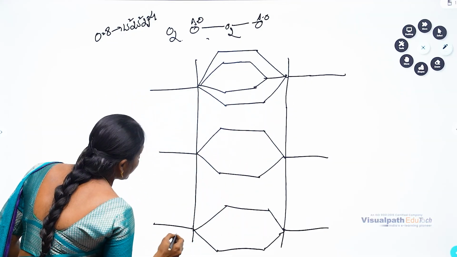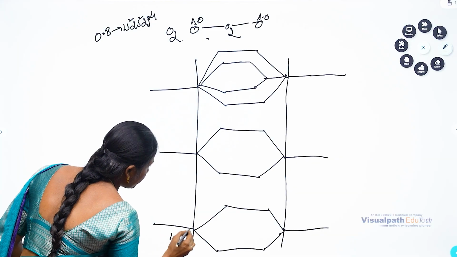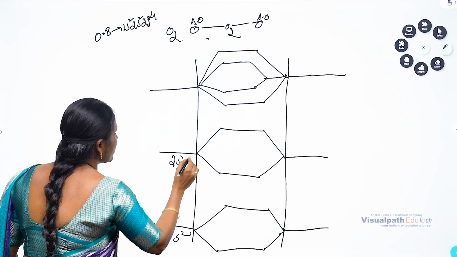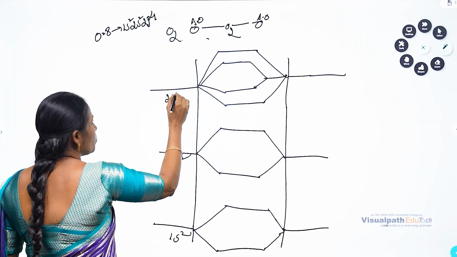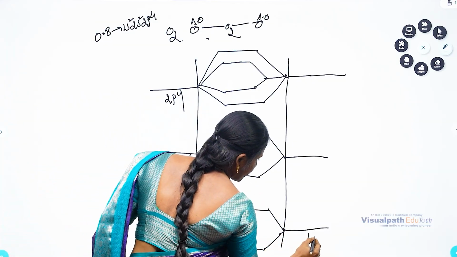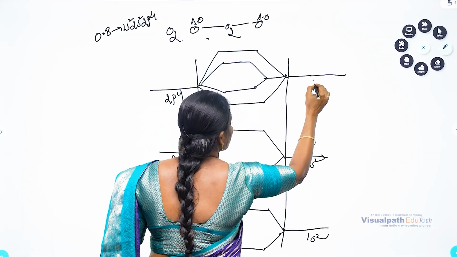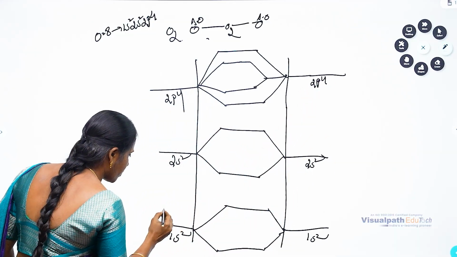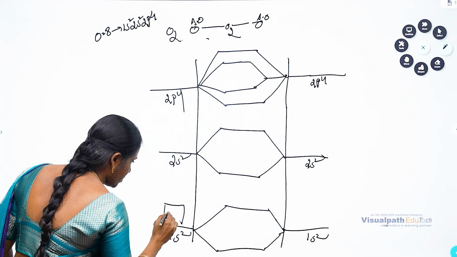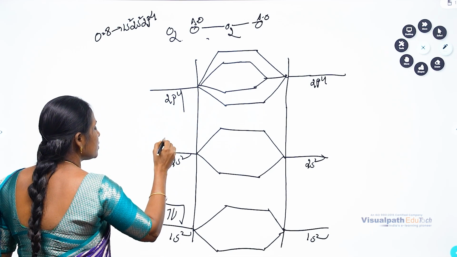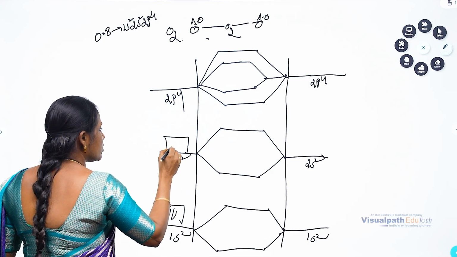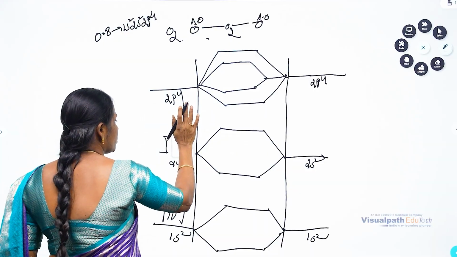Its electronic configuration is 1s2, 2s2, 2p4. 1s2, 2s2, 2p4. 2 electrons. Here also it is 2 electrons.